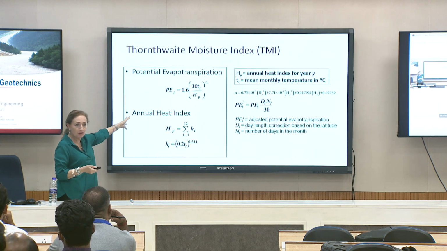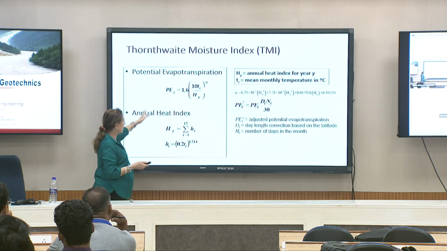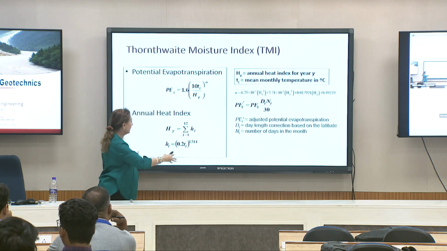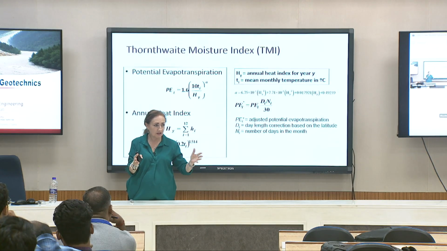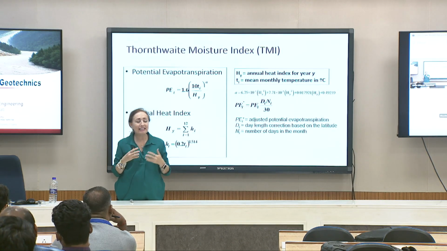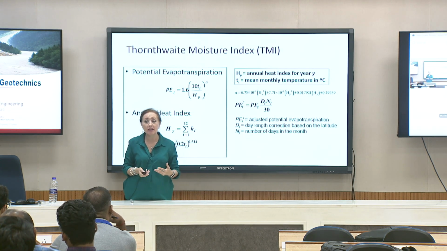These are the equations that we use. We need the heat index, and again, you take 12 months for something like that. You can take 12 months in 1996 or 2025 or anything, or you can take from June to June in 2020 and 21. So the TMI can be calculated monthly if you want to.